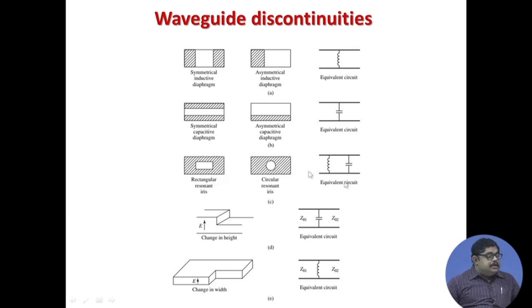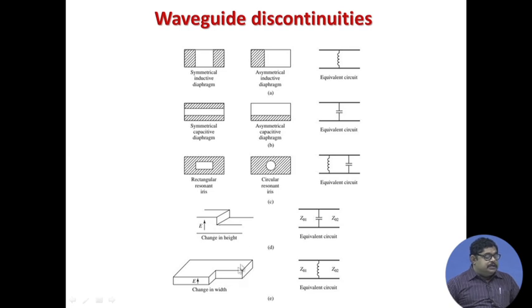This is an LC circuit by some rectangle. Then the E plane step, that means in the vertical side of the waveguide you are having a step discontinuity, that is again a capacitance. So, capacitance you can give either by a diaphragm or by a step.